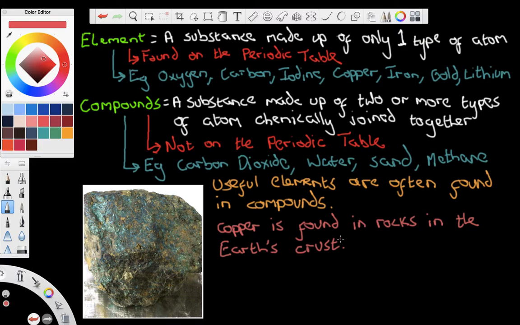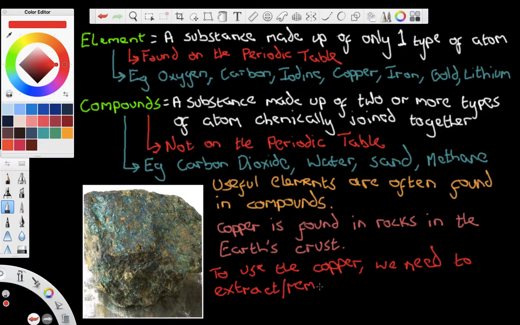Now, we need a way of extracting this. Okay? So we can just put in red, to use the copper, comma, we need to extract, or it's a posh way of saying remove, the copper element from the compound.